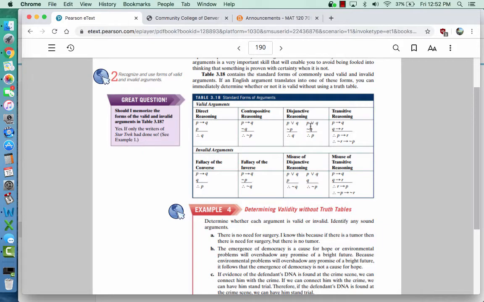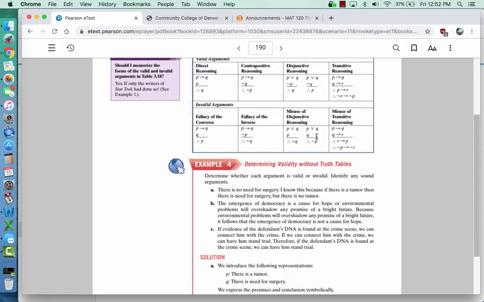And this is the same thing. If P or Q has happened, because that's a premise we assume to be true, and we also know that Q has not happened, then P must have happened. So with disjunctive reasoning, if we give you an or statement and we say that one of them didn't happen, then the other one for sure did.